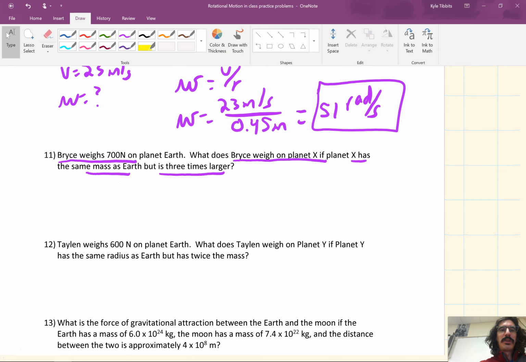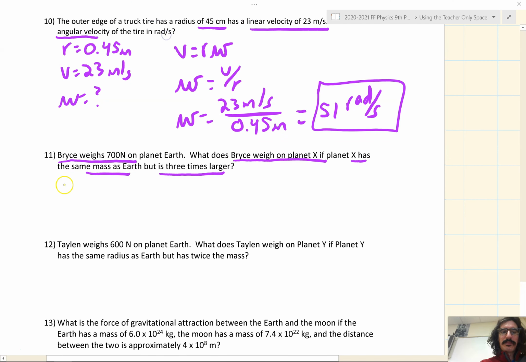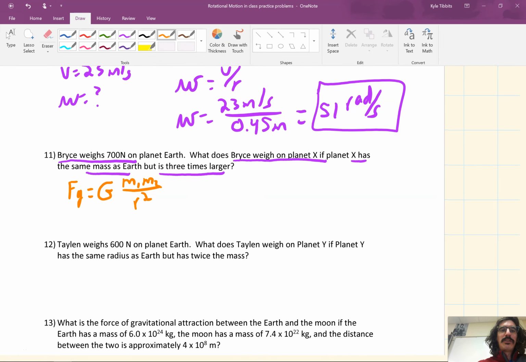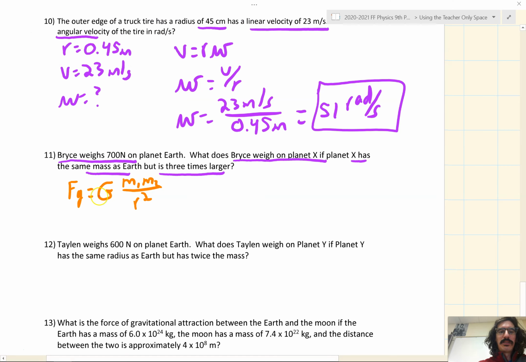Let's look at the formula for the force of gravity between two objects. In this case, it's between Bryce and Earth. F sub g equals big G times m1, m2 over r squared. When Bryce goes from one planet to the next, the gravitational constant g is going to stay the same.